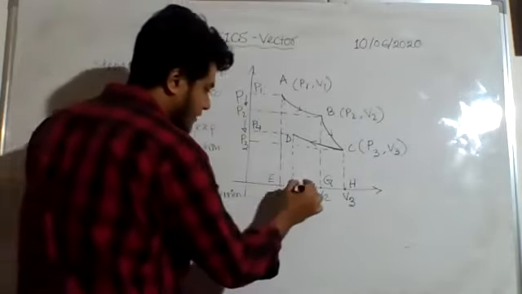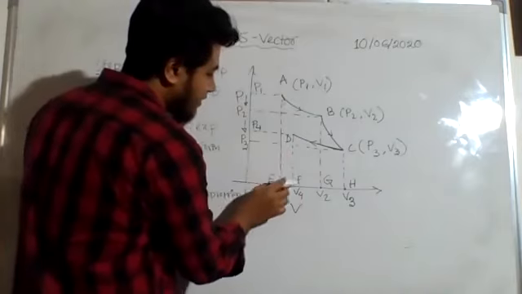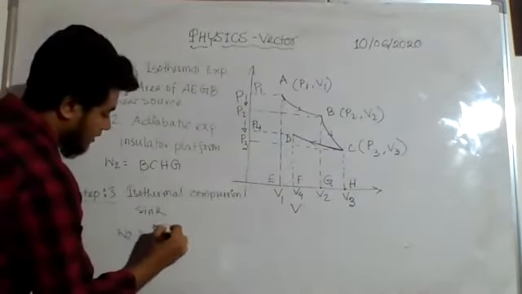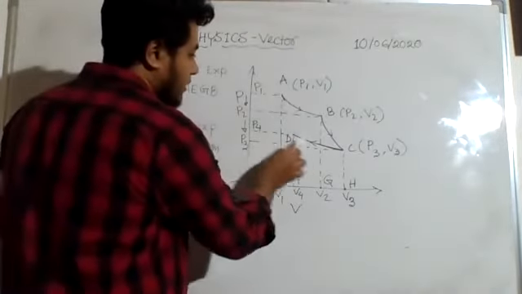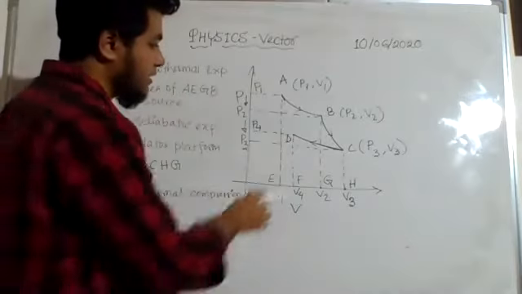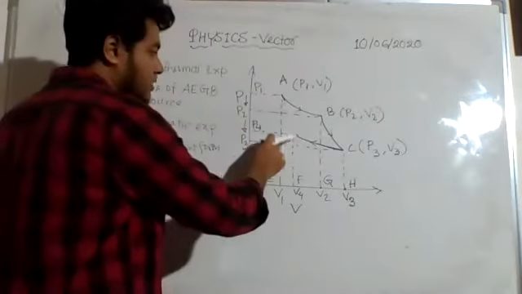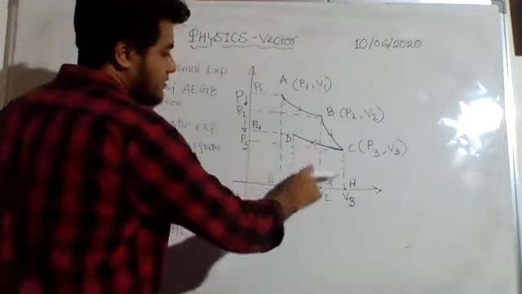They have named it as F. So it is going to be the area DFHC. We are considering this process now. Under the curve, we have this area, DFHC.